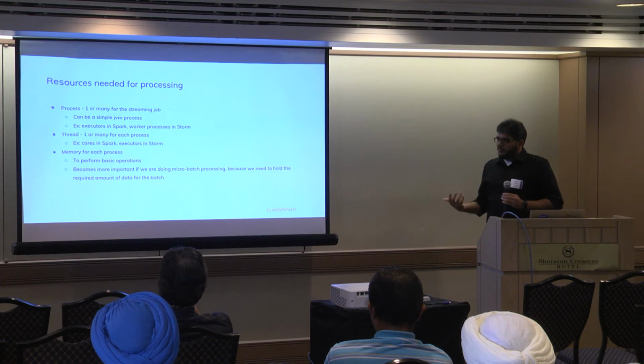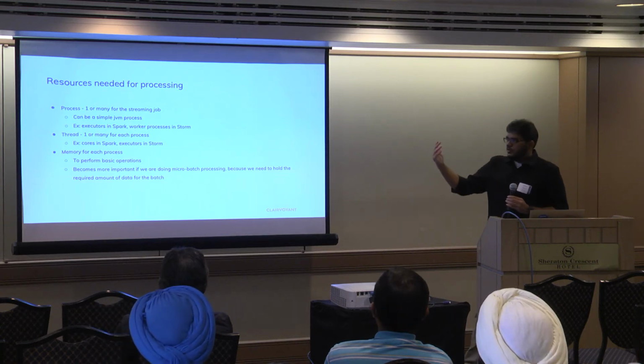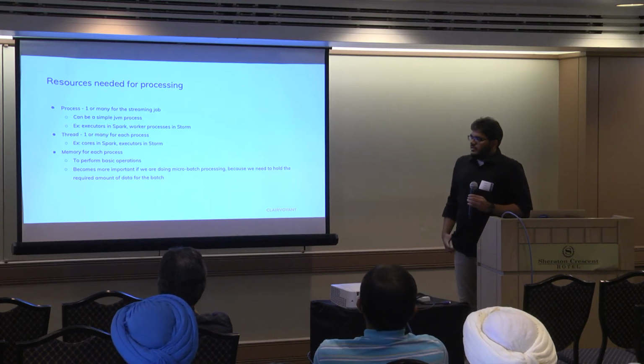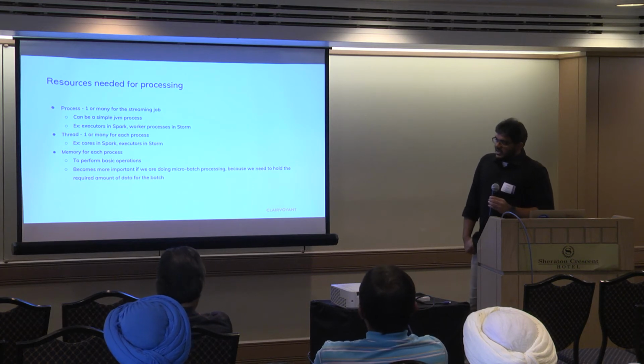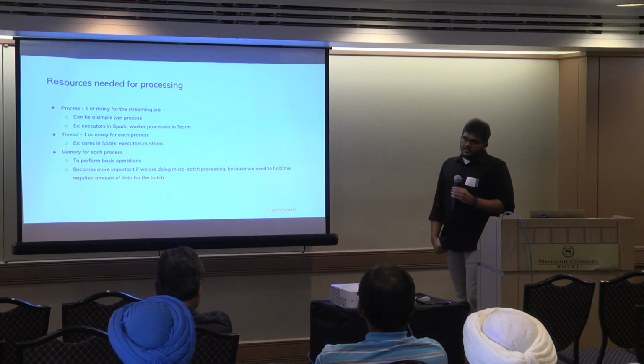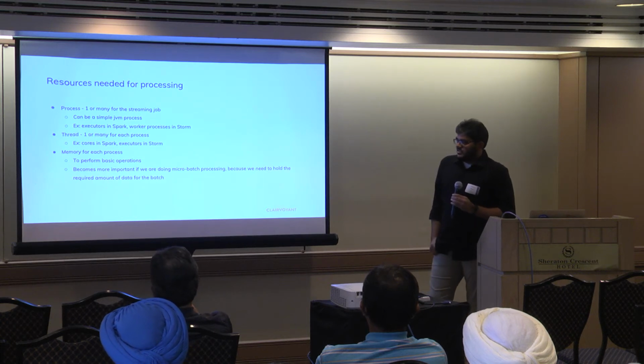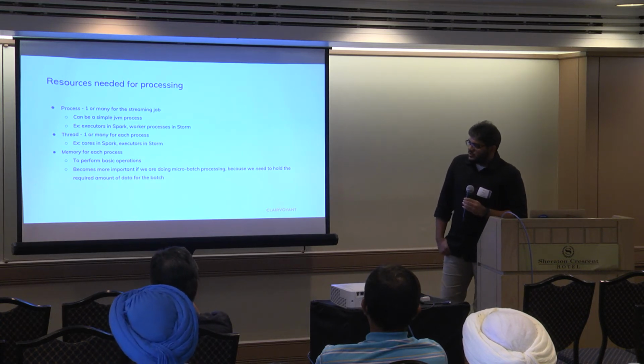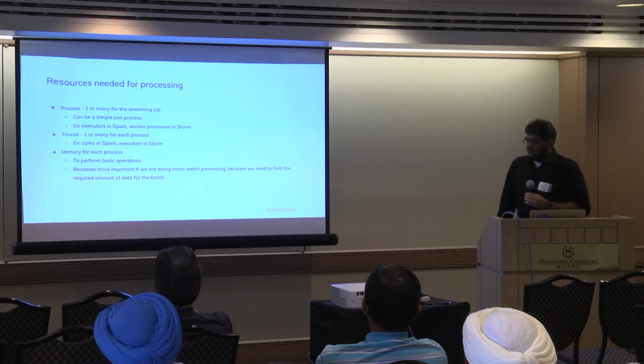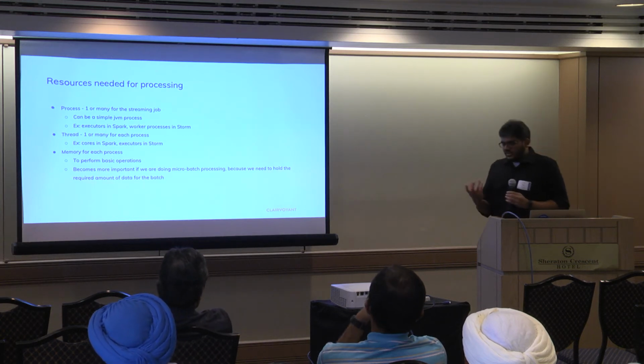I think everyone might know this, but I just want to make sure that we have a checklist of all. And then we can have threads, which can be one or many for each process. This defines the cores in Spark and executors in Storm. And the last one is the memory, right? To perform basic operations, as we know, you need to have some in memory.